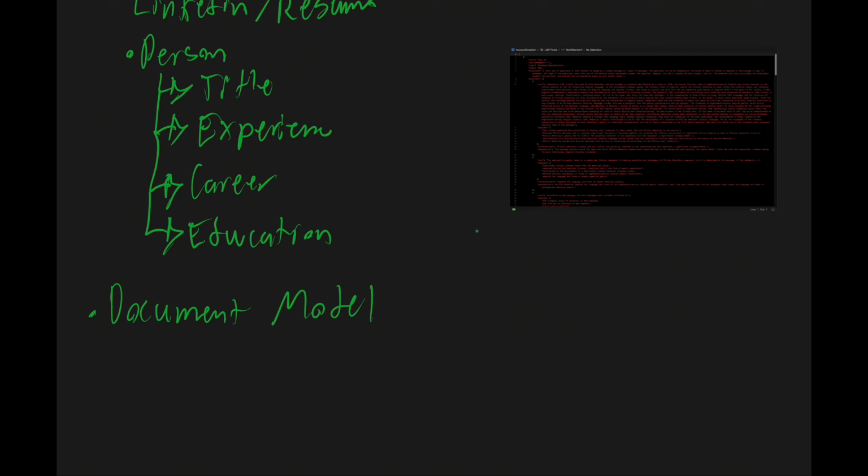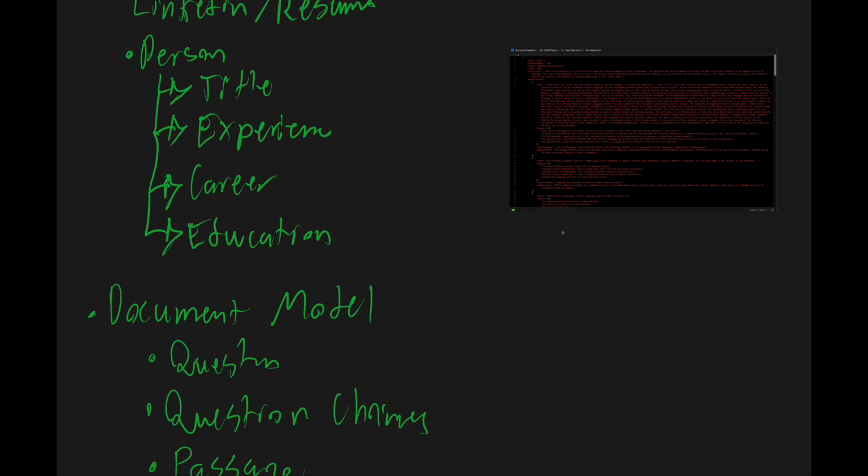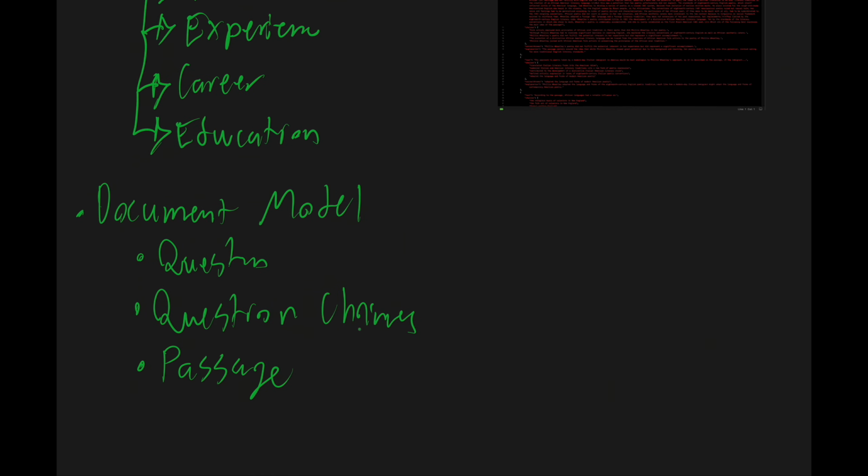And each field is going to have a series of questions, question choices, and it's probably going to have some type of passage for each question, because this is unstructured data that we are dealing with. We are also dealing with different types of tests as well, because the LSAT has 4 sections.